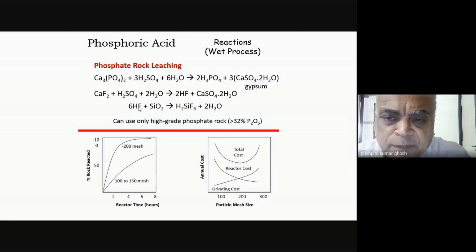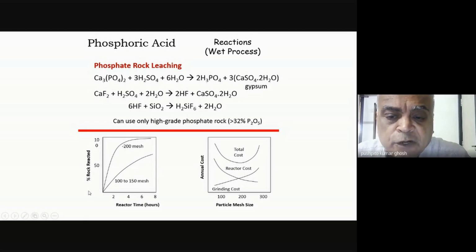So I compensate partly the lower temperature of the reaction with a higher surface area of my substrate. Whereas if I'm operating at the higher temperature, then the reaction rates are sufficiently high that I may not need to grind so fine. And this grinding of the rock consumes a huge amount of energy.